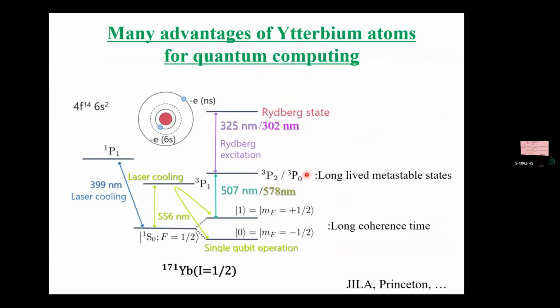In principle it is possible to perform single photon Rydberg excitation starting from the J equals 2 state, but we estimated the wavelength for single photon Rydberg excitation is deep in the UV. So I don't think it's realistic to use the J equals 2 state as the starting point of the Rydberg excitation.